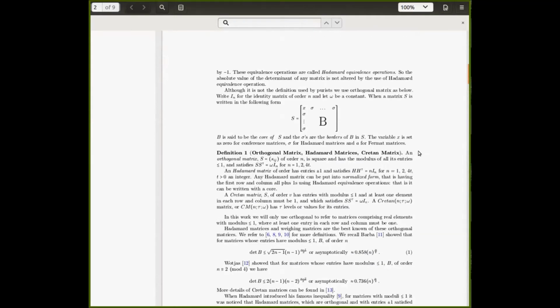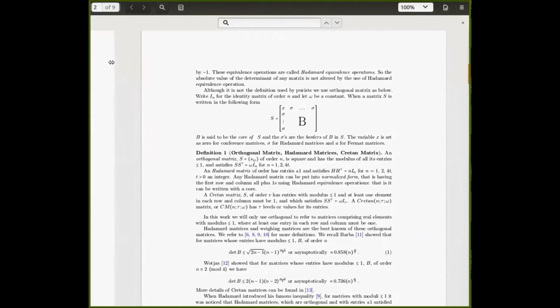Okay. Now, when we look at maximal determinant, you see that Barba showed that if you have entries with modulus less than or equal to 1 of order n, any n, then the determinant is bounded by this amount, and asymptotically, that's 0.85.